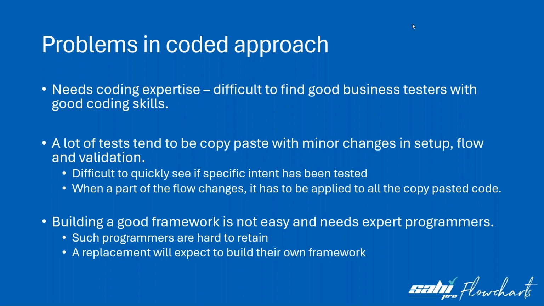Overall, these are just copies of each other, except for the part which says whether the coupon is enabled in the setup process, when you apply it, and then you verify that the discount has been applied. So there are three places where changes go in, but they're all very small changes, and often these tests are just copy pastes of each other.